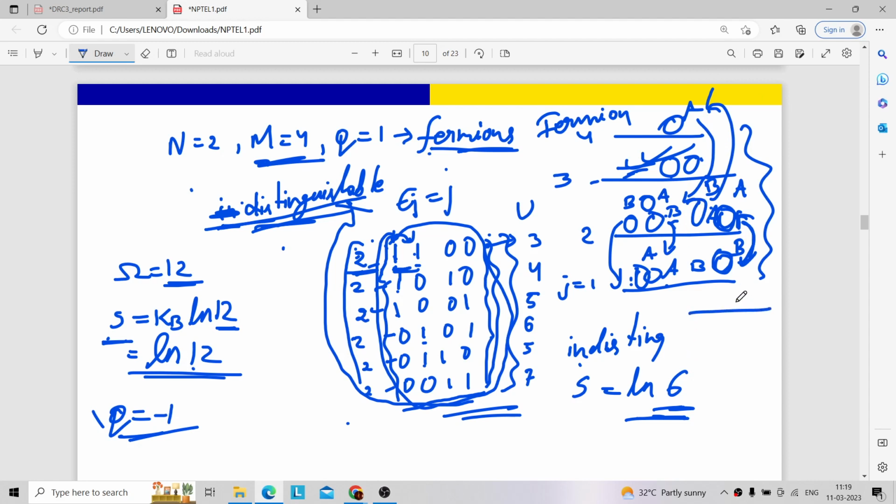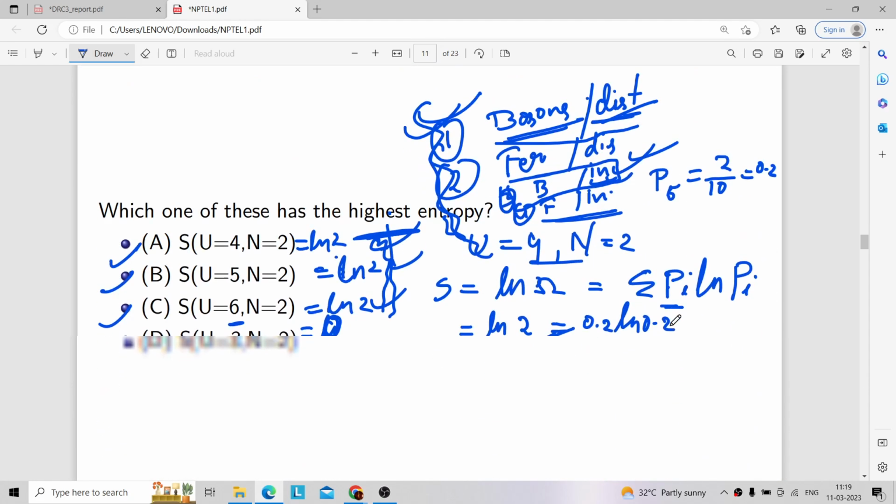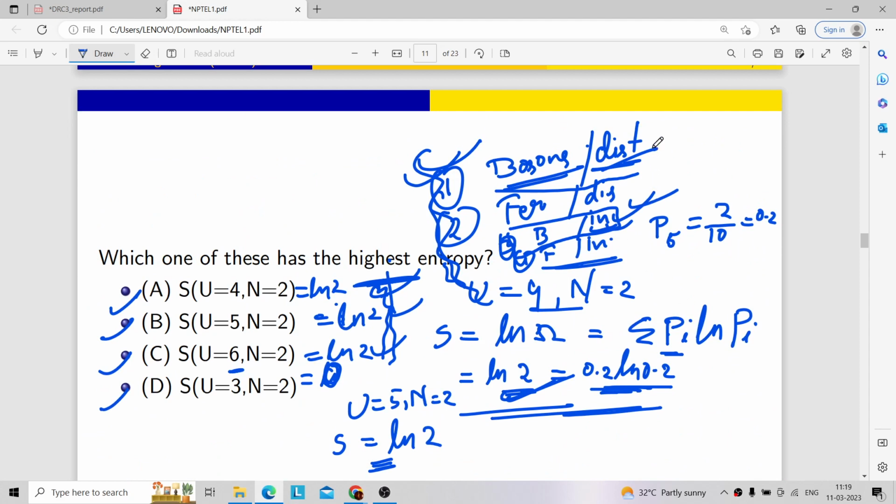But if I put two particles that are indistinguishable, there is no meaning of rearranging them. They are the same, right? So similarly, you can calculate the microstates for these four configurations, and you can check the entropies for each case. For some boson distinguishable case, maybe you are getting this one is high. For fermions, you will get something like this one is high. I'm just saying, you can just check this. You can note down this question and you can check for each configuration. This is a good exercise for you.